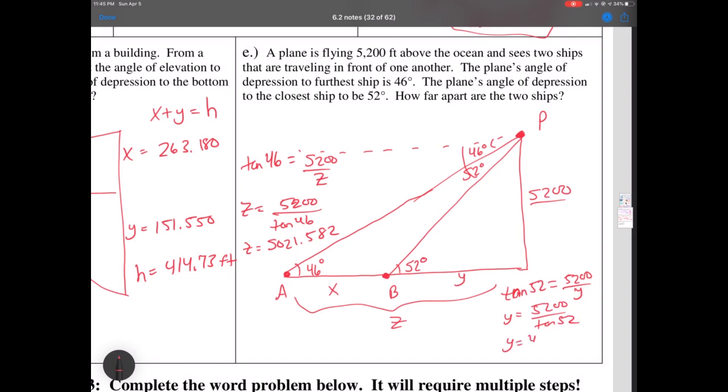And y equals 4,062.685. So we'll take z and subtract y from it, because x equals z minus y. So x equals 958.897. And that's my answer for that one.